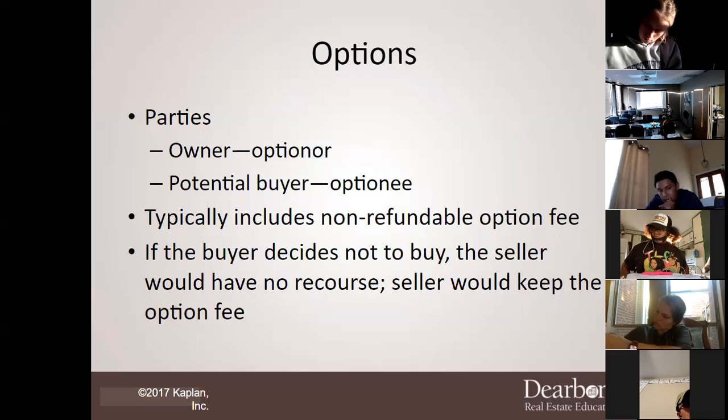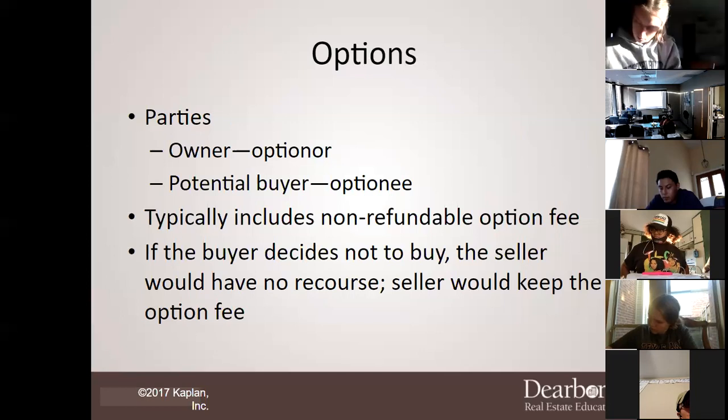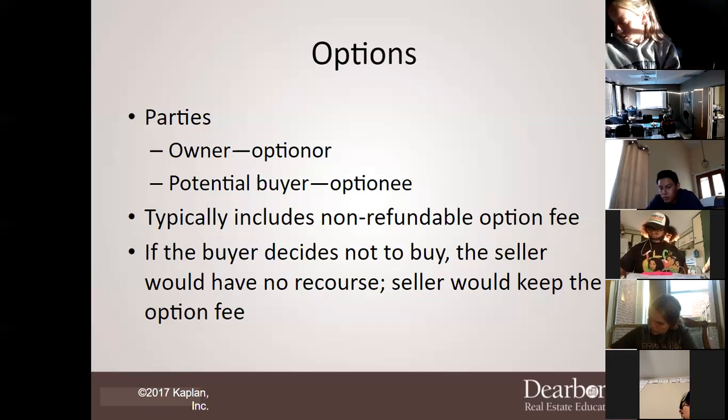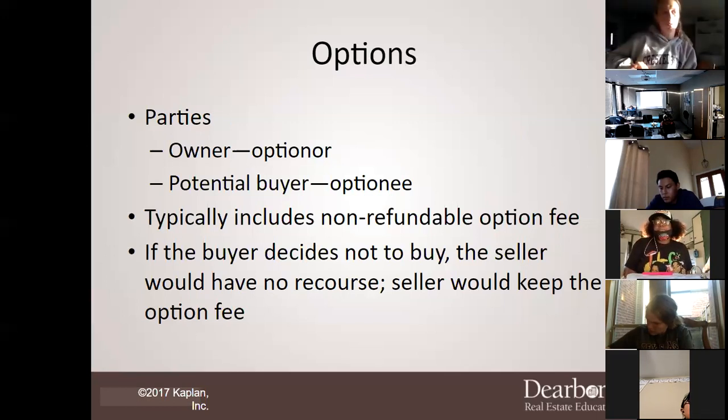So the person doing, say, the quote unquote inspections, they're exercising their option right. Who would be ordering the inspections? Who's asking for the inspections? The buyer, because the buyer benefits from the inspection.